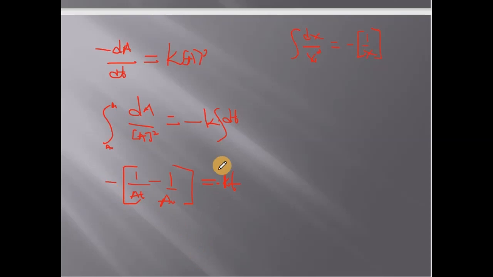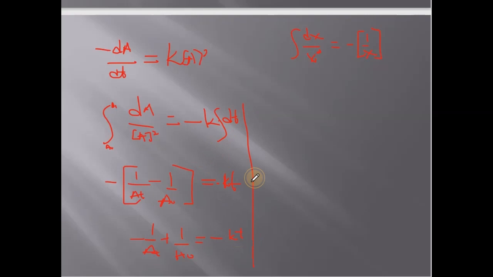So let's push this minus into the bracket. We're going to have minus 1 over At plus 1 over A naught, and that is equal to minus kt.